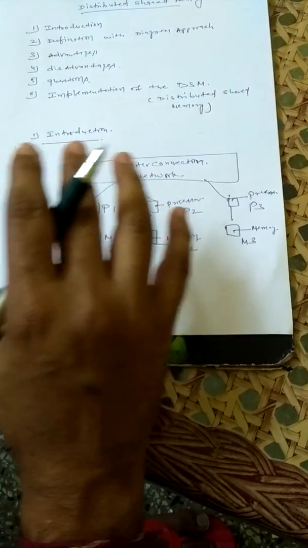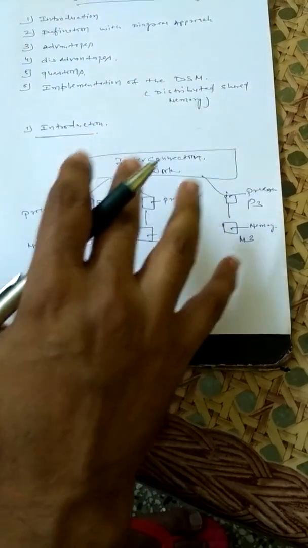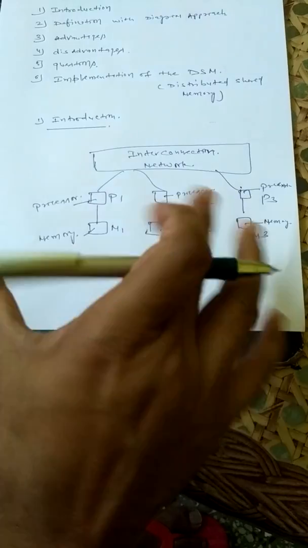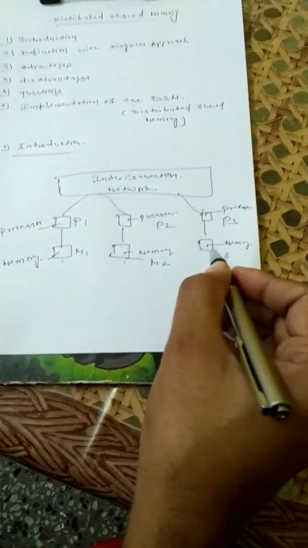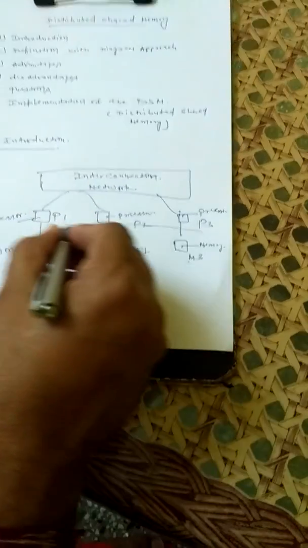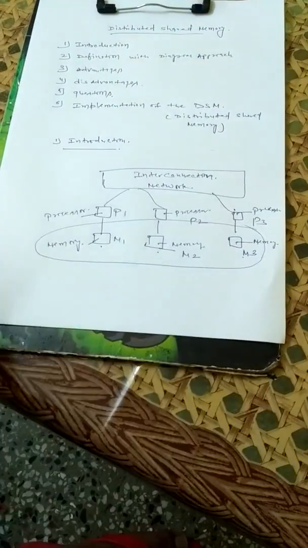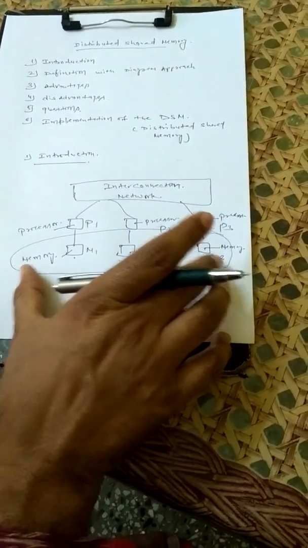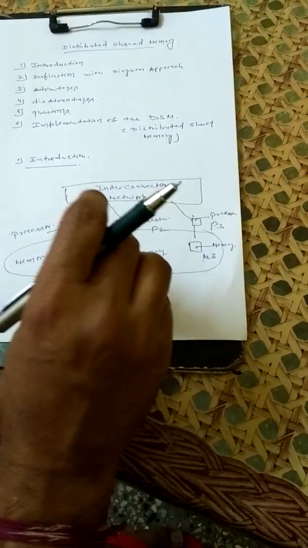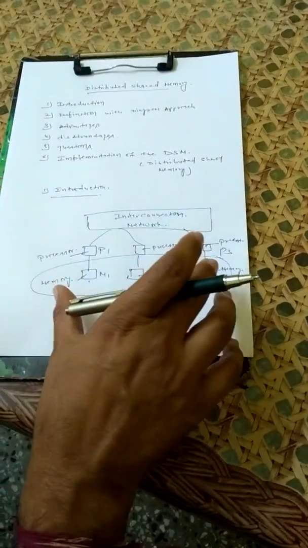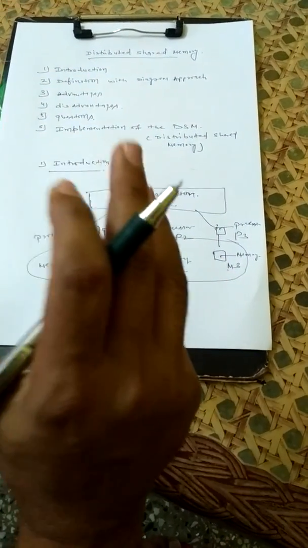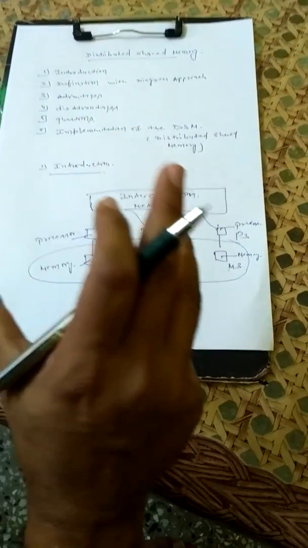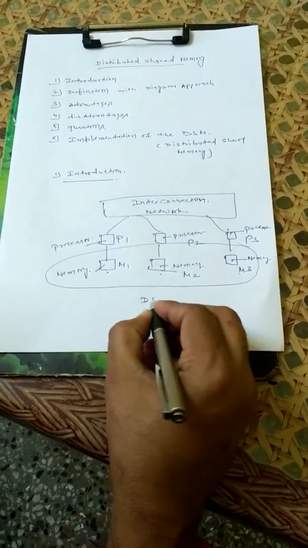The distributed shared memory looks like this. Means this is the memory for computer 1, this is the memory for computer 2, this is the memory for computer 3, and this is the distributed shared memory. When viewed by a programmer, it appears like a single unit. This is the main definition and the diagram approach of the DSM.